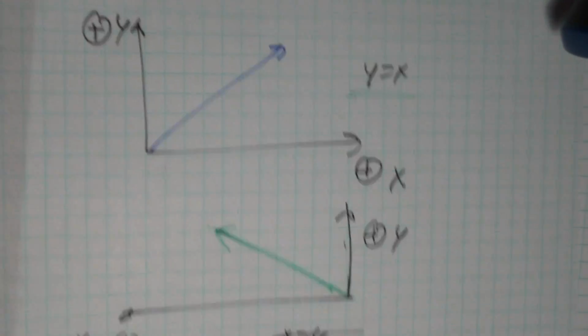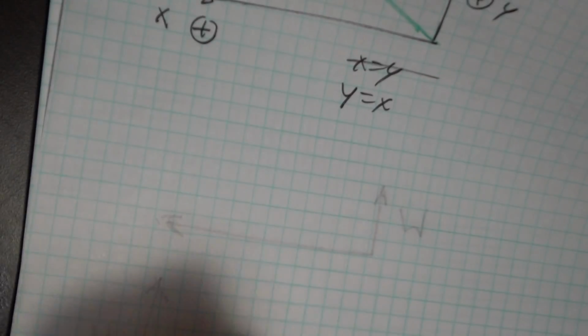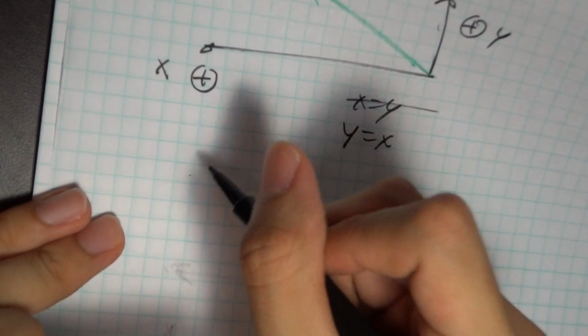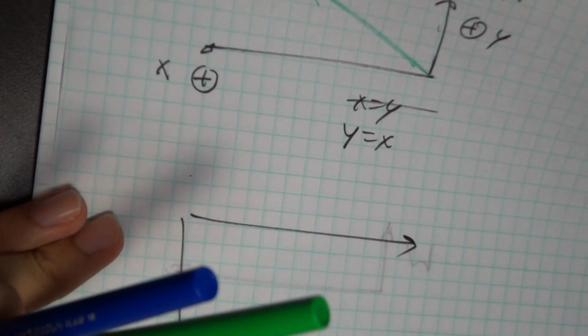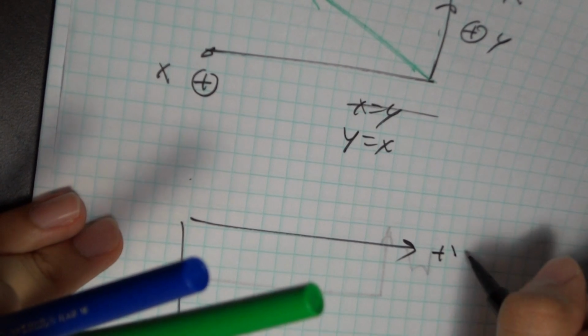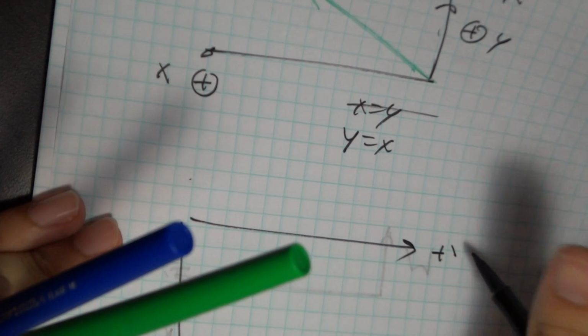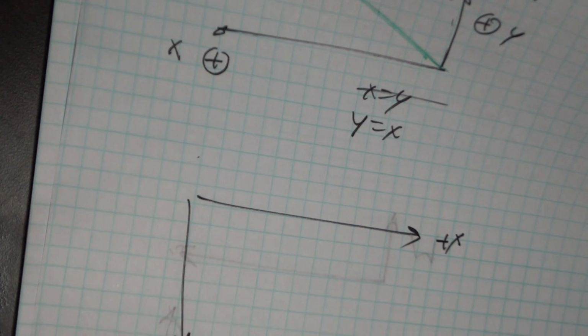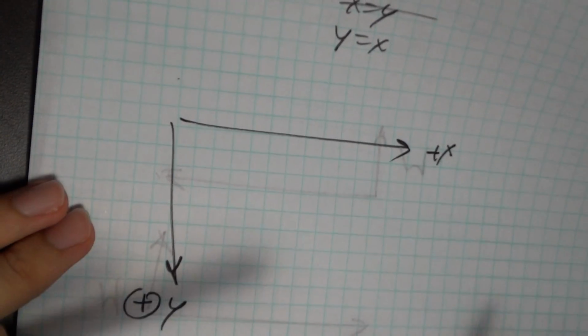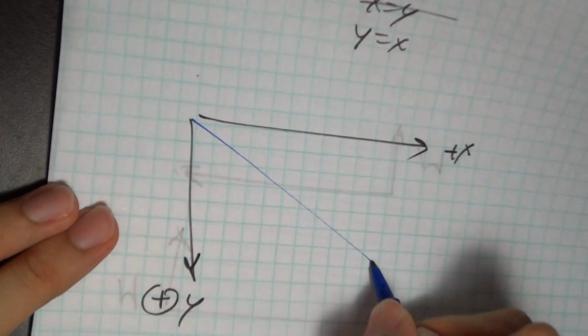Let's try another case. In this case, this is my positive y, and this is my positive x. Again, my y equals x line is just like this.